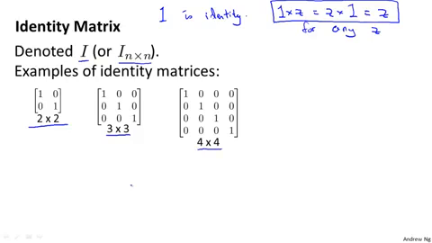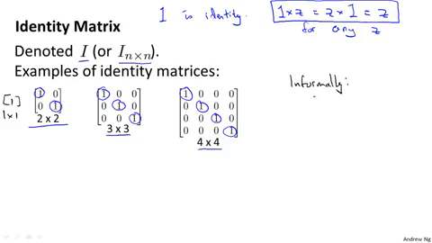So the identity matrix has the property that it has 1s along the diagonal, and so on, and 0 everywhere else. By the way, the 1 by 1 identity matrix is just the number 1. This is a 1 by 1 matrix with just 1 in it. So it's not a very interesting identity matrix. And informally, when I or others are being sloppy, very often we'll write the identity matrix using this notation.